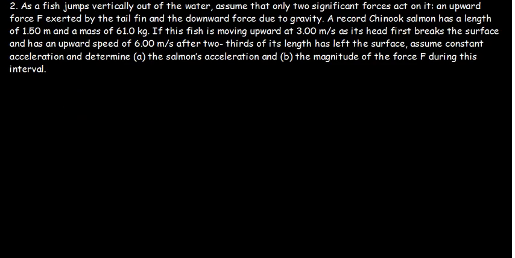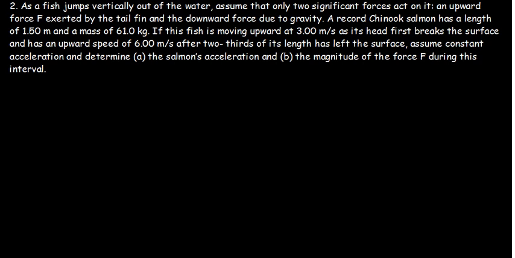Number 2, as a fish jumps vertically out of the water, assume that only two significant forces act on it: an upward force F exerted by the tail fin and the downward force due to gravity. A fish has a length of 1.50 meters and a mass of 61.0 kg.